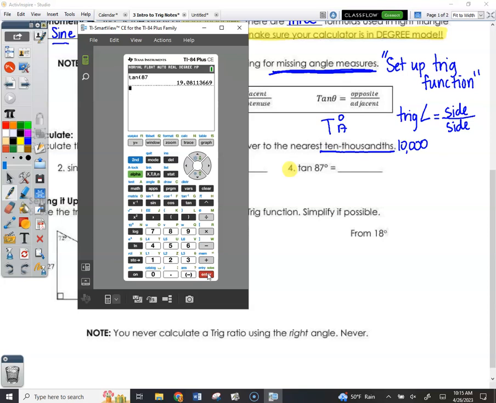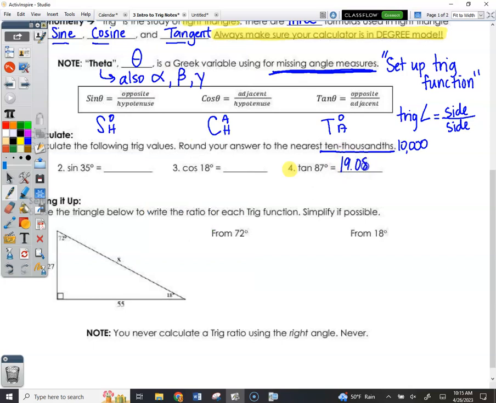So it'd be 19.0811. That's all she wrote. So if I say evaluate the trig function and it just says tan of an angle, you just type it in and round. That's so simple. There's no way to change that question and make it more challenging.